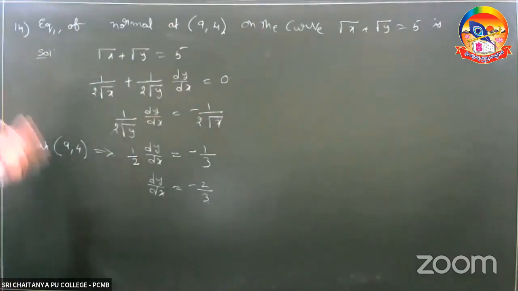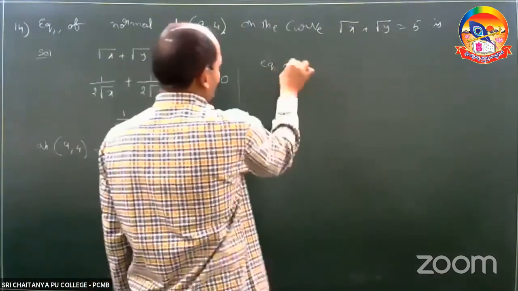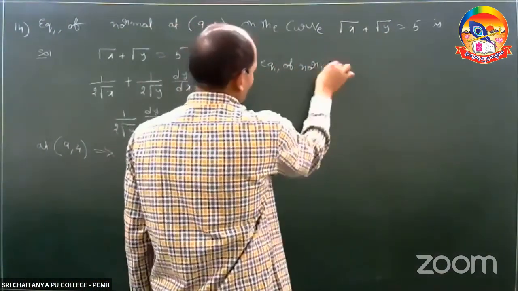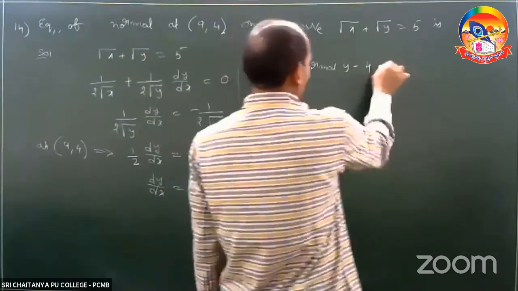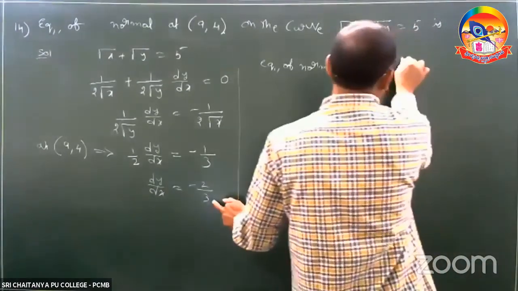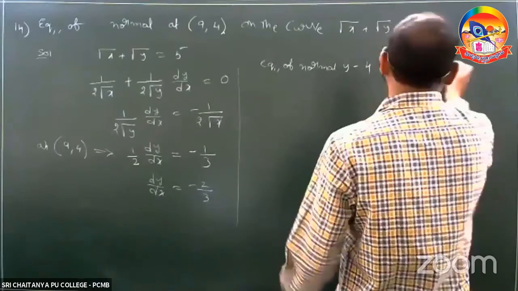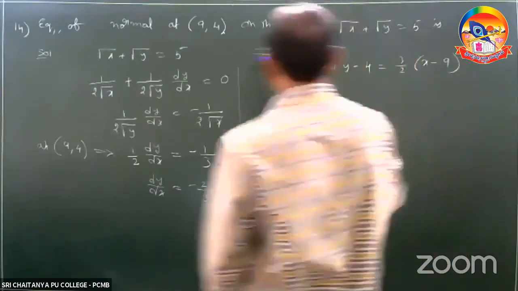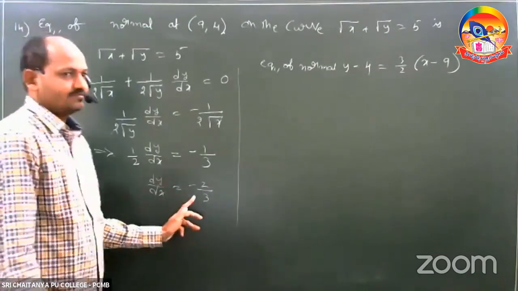But here we need to find the equation of the normal. How to find the equation of the normal? Formula: y minus y1 is equal to minus 1 by m into x minus x1. The slope of the tangent is minus 2 by 3.